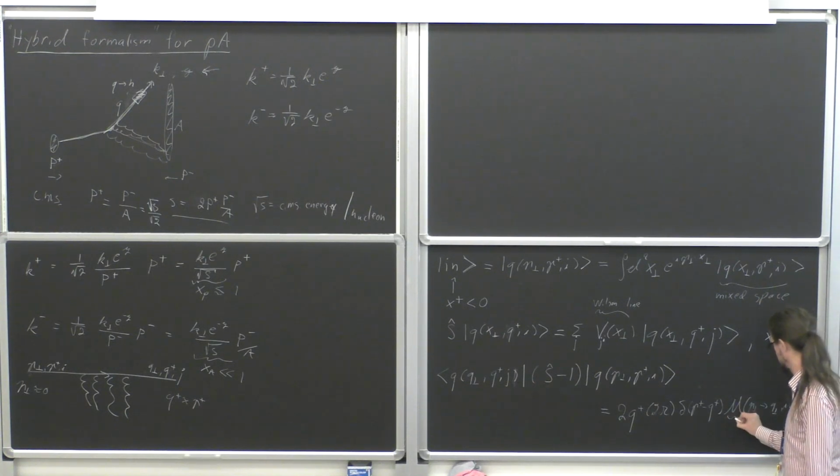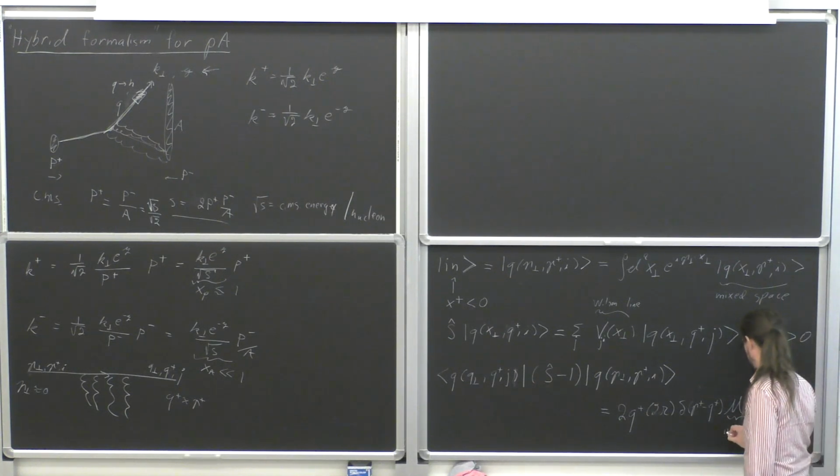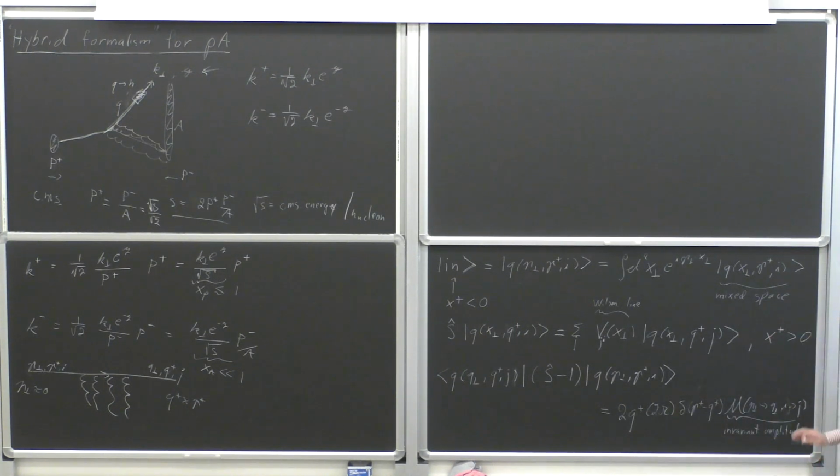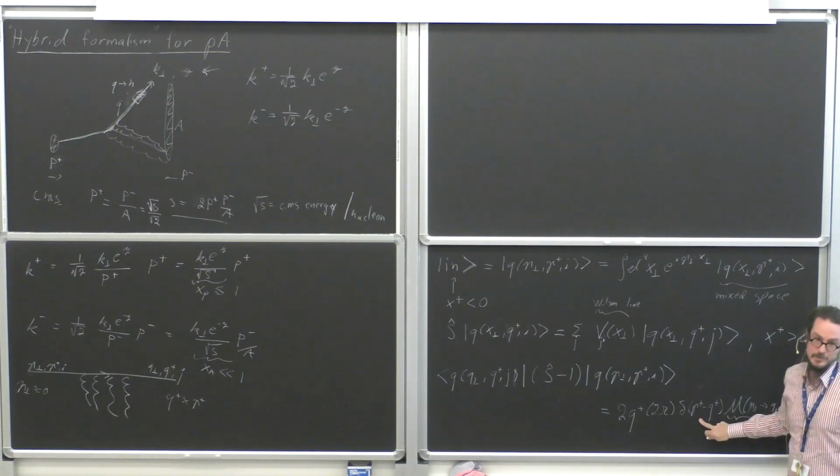So this is my invariant amplitude, just like how in normal quantum field theory you split out a 4-dimensional delta function.